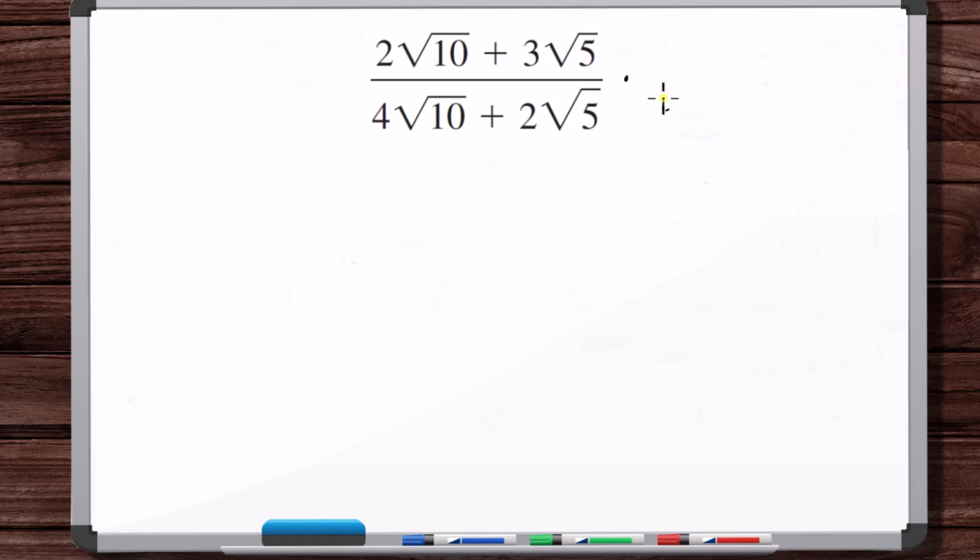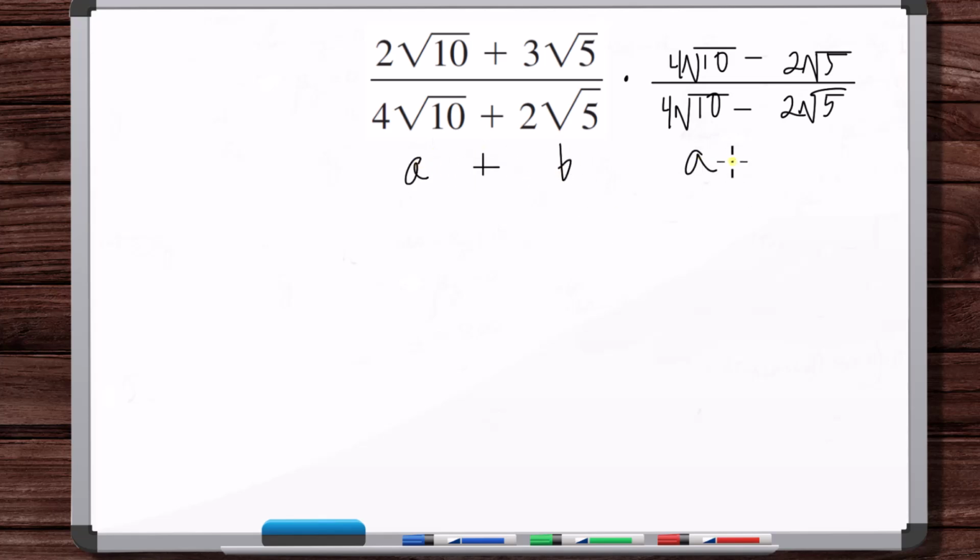Okay. Here we can multiply by 1 in the form of the conjugate of the denominator again. And so if this is a and this is b, then a squared is going to be 16 times 10, and b squared is going to be 4 times 5.